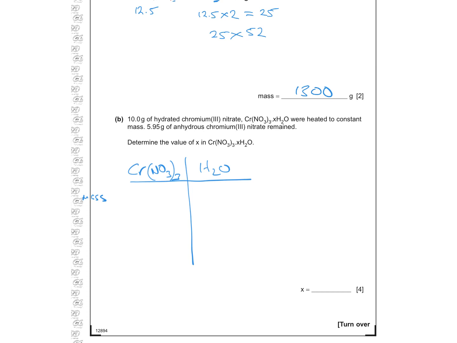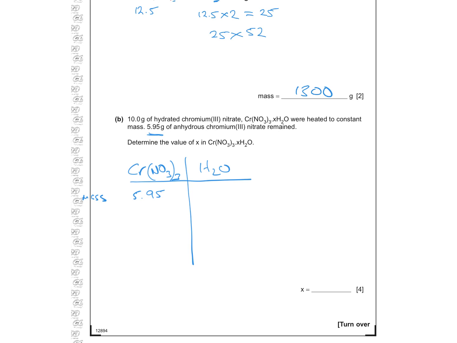Okay, so let's start with the chromium 3 nitrate. Well, we're told that 5.95 grams of anhydrous chromium 3 nitrate remained. So that's it after the water of crystallization has been removed. So that is straightforward enough. The mass is in grams.